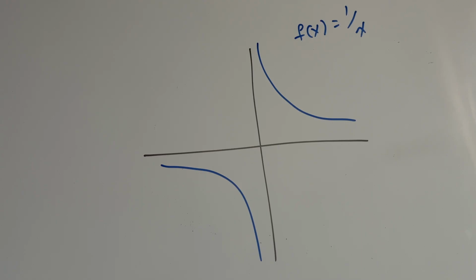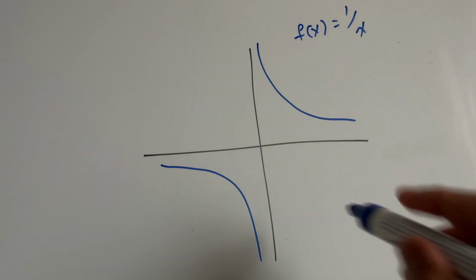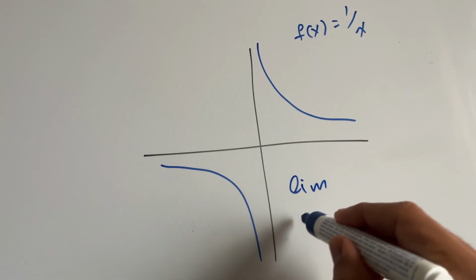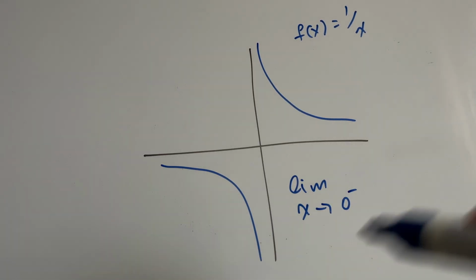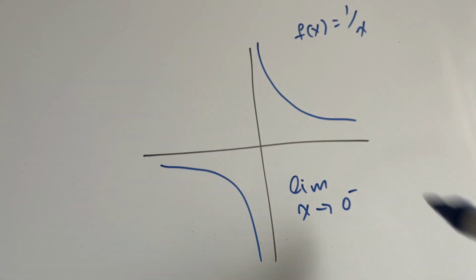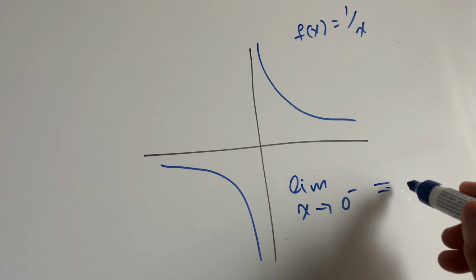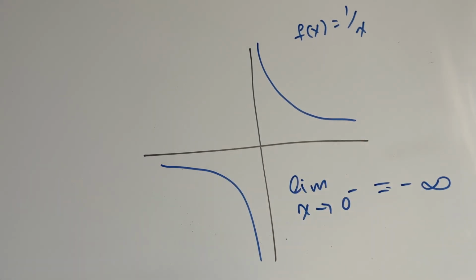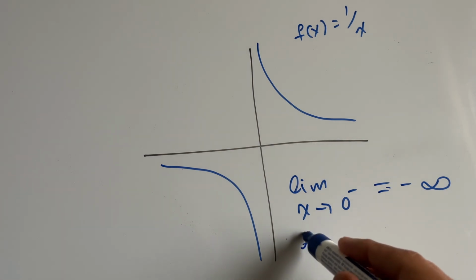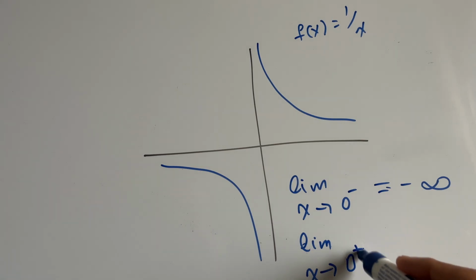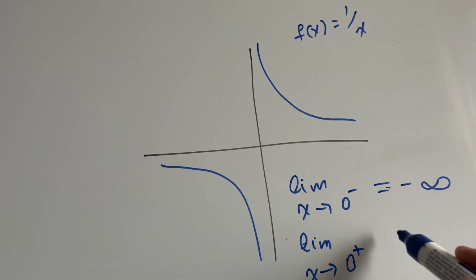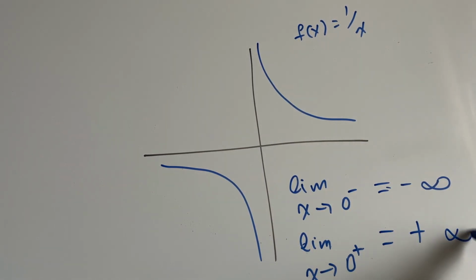So for the reciprocal function, the following limits exist, but they do not coincide. The limit when x tends to 0 from the left is minus infinity, because I can go all the way down, and the limit when x tends to 0 from the positive side is plus infinity.